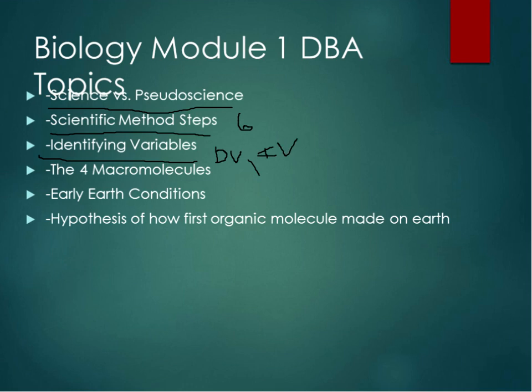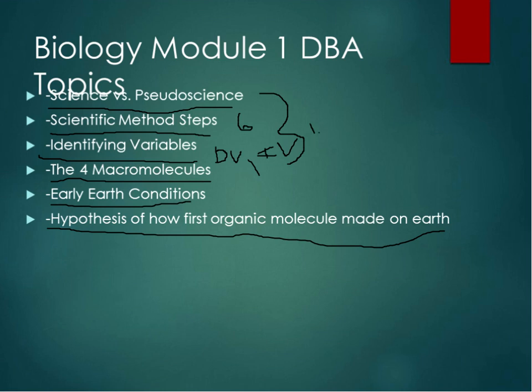You also need to know the 4 macromolecules. That was all 1.02. And then you need to know early Earth conditions, like what Earth was like when the first organic molecule came on. And then you should be able to talk about a hypothesis, at least one, of how the first organic molecule was made on Earth.